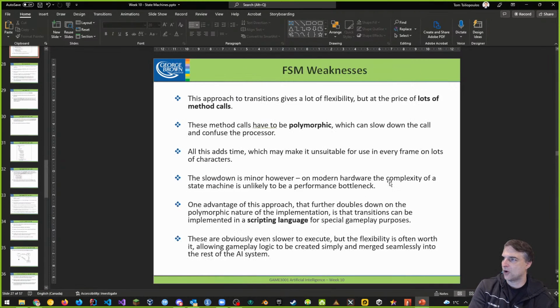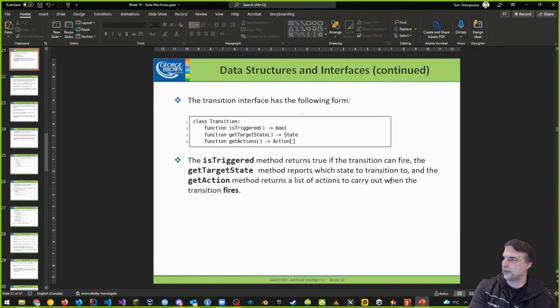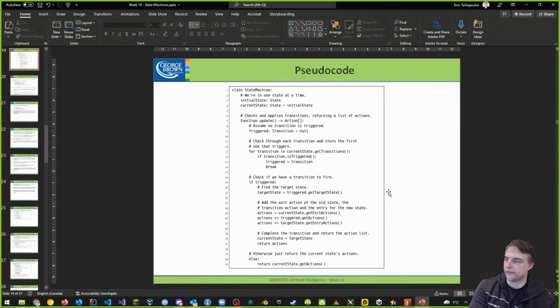When we're not hard coding, think about the data structure itself for the state machine. The state machine itself has its own update function, and the update function is the thing that's going to go through and check to see if a transition has been triggered. That's a very different way of doing things than what we're used to with a switch case.